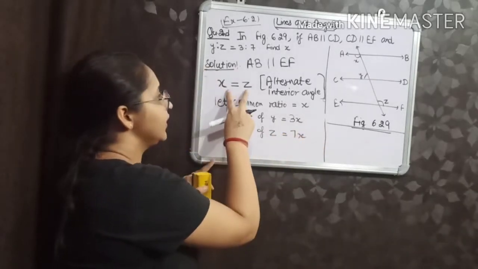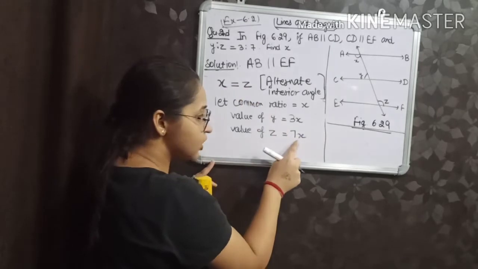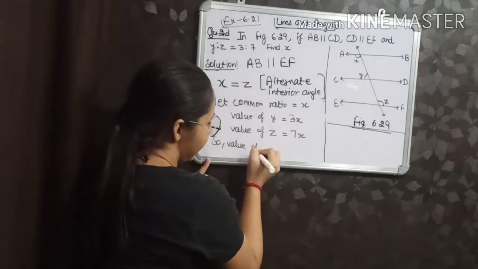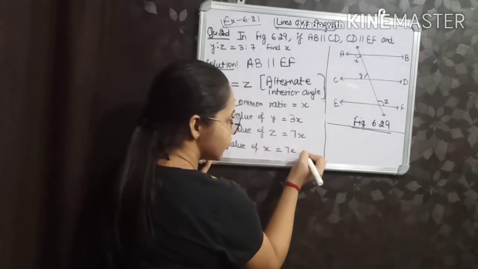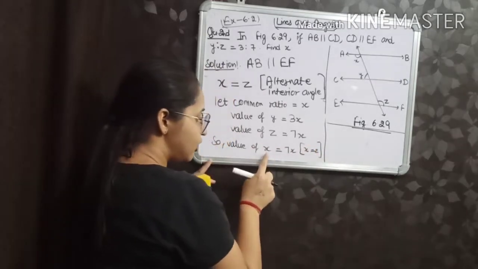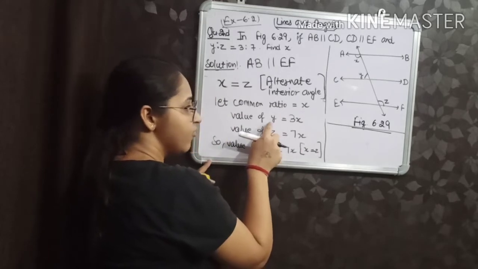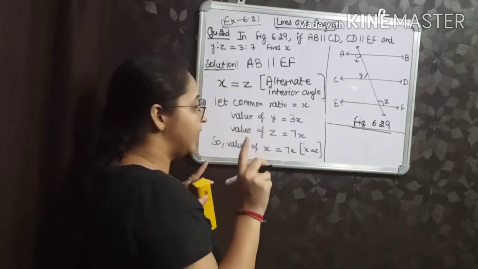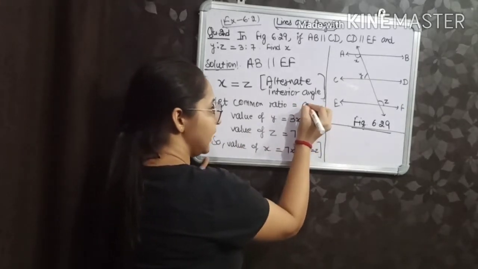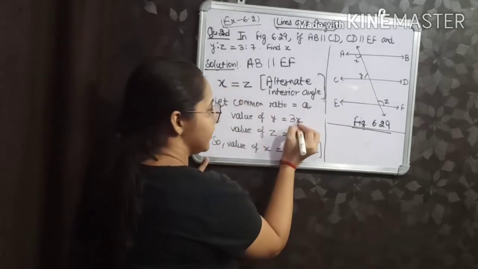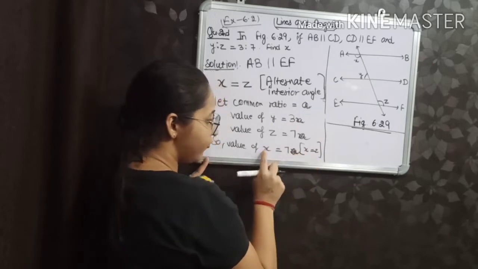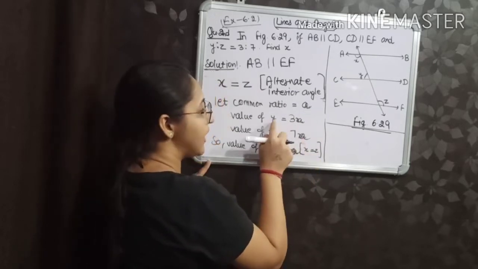Now, we have written here X is equal to Z and Z is equal to 7X. Therefore, the value of X will be 7X, it is equal to Z because X is equal to Z. Now, you have the value of X, the value of Z, and the value of Y in terms of the common ratio. Here I will take the common ratio as A because X is already given. So 3A, 7A and 7A. The value of X is 7A, the value of Z is 7A, the value of Y is 3A.